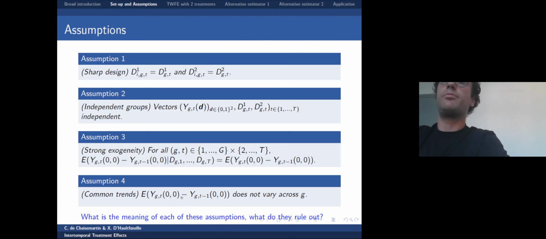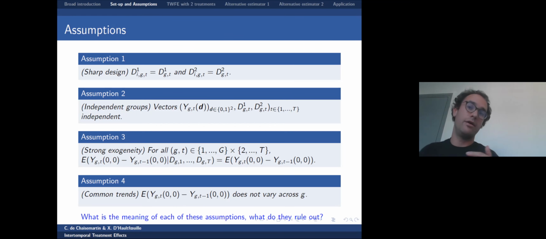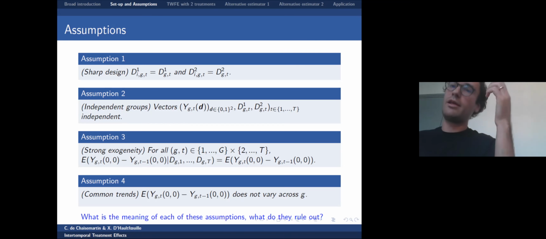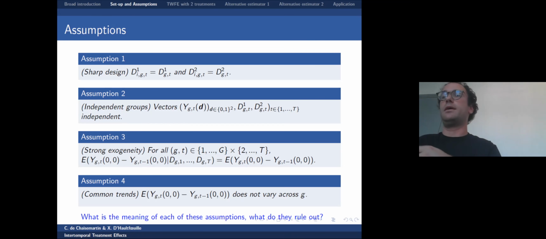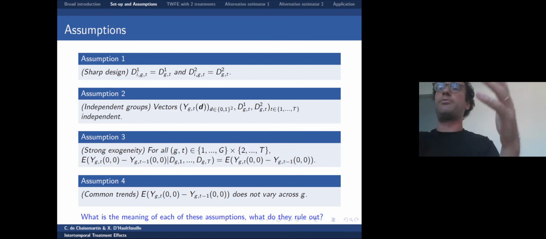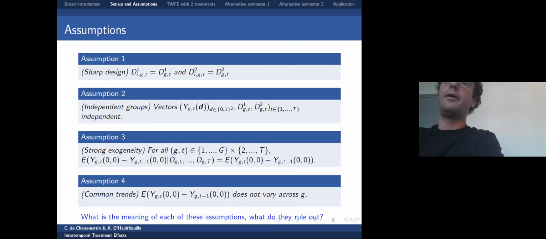But let me describe the second one. It's a parallel trends assumption that requires that the evolution of the untreated outcome over time is the same in every group. In the absence of any law, Colorado and California would have experienced the same evolution of their marijuana consumption.